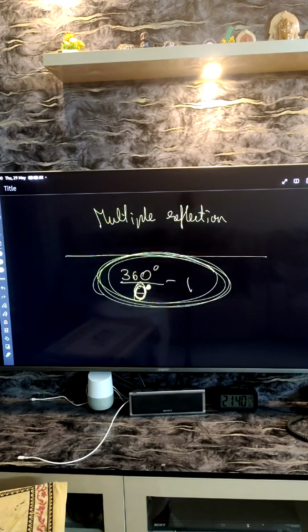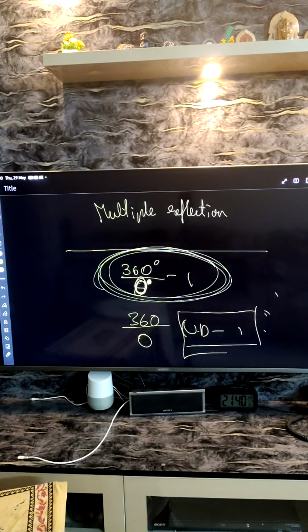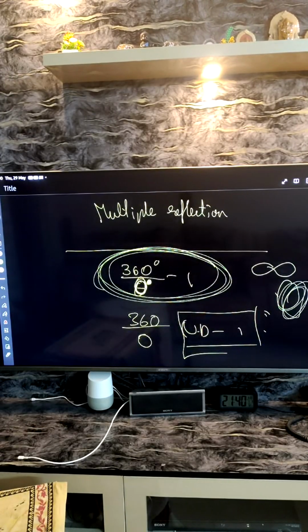So let's say the angle between the mirrors is 0 degrees, so 360 degrees by 0 is not defined, infinite, and you can't do this. So this means that the number of images formed is infinite.